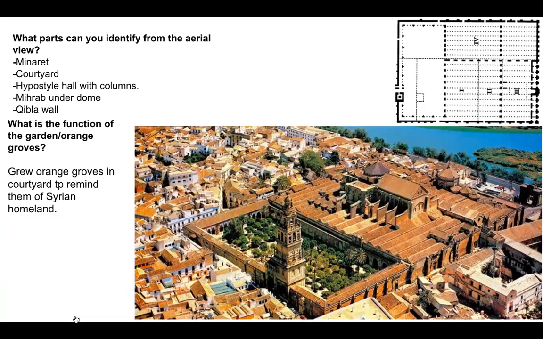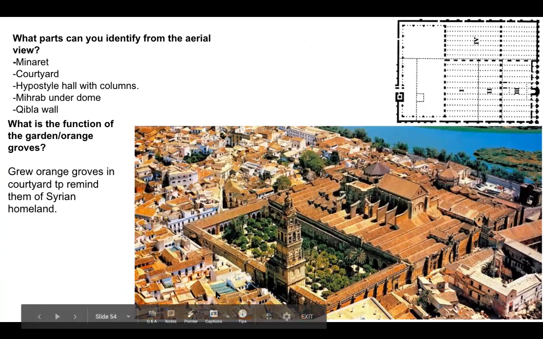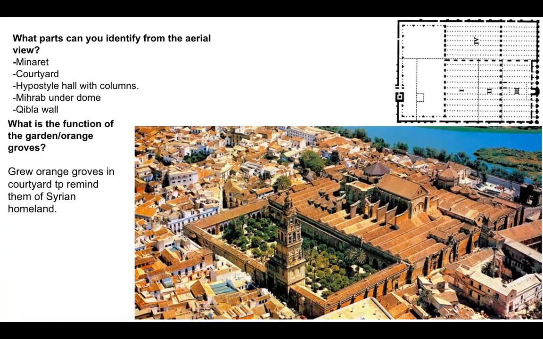So I think the only part that I didn't identify was the hypostyle columns and rows, and you can see how they have these gables. So those triangular shapes, those are all the hallways that lead you towards that Qibla wall. And if you look at the plan of this one, you'll see that it was expanded as they gained power four different times.